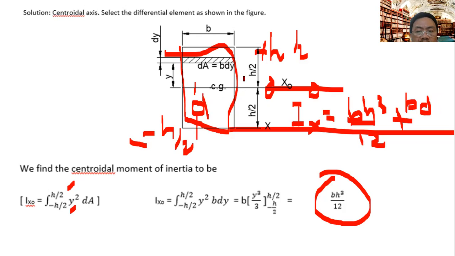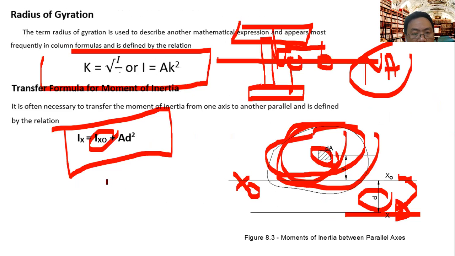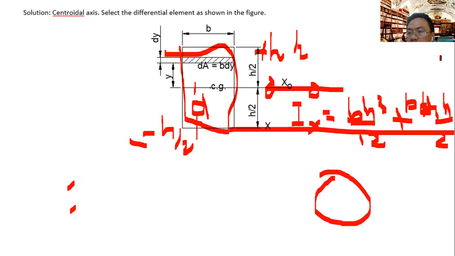Here it's bh, and here h over 2 squared. So the formula is Ad squared. This one is squared, and this one is squared.